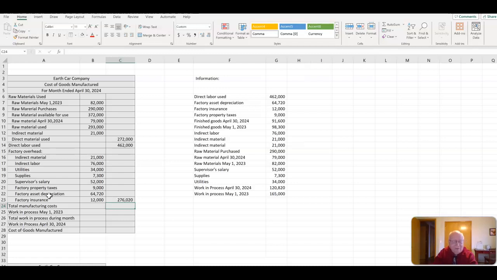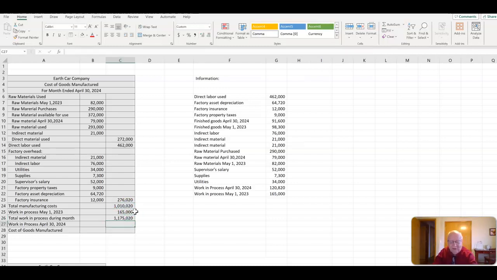Now to get the total manufacturing costs, we would, let's do it this way. We would add, there we go. Add these three up, gives us our total manufacturing costs. Then from this, we would add the beginning work in process, which is the 165, to give us our total work in process during the month, or during the period that we're talking about.